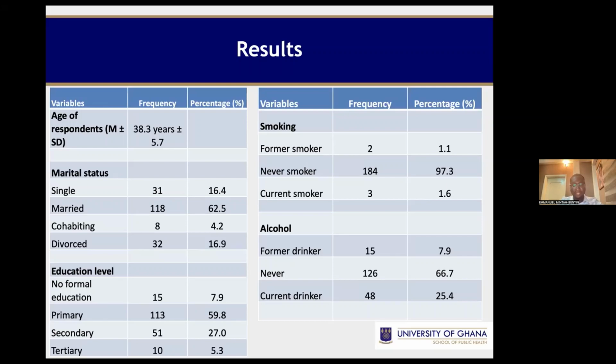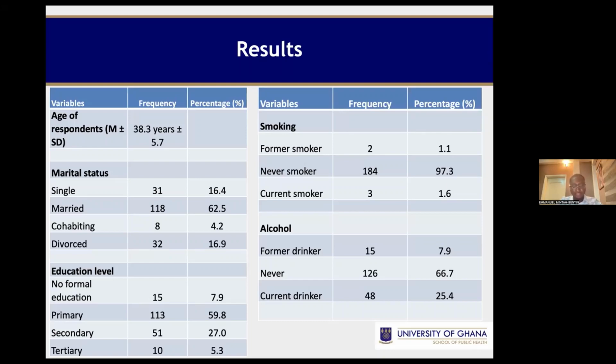Majority of the respondents, 92.9%, had some form of formal education, being primary, secondary, and tertiary education. And 97.3% and 63.7% of respondents indicated that they had never smoked or taken alcohol, respectively.